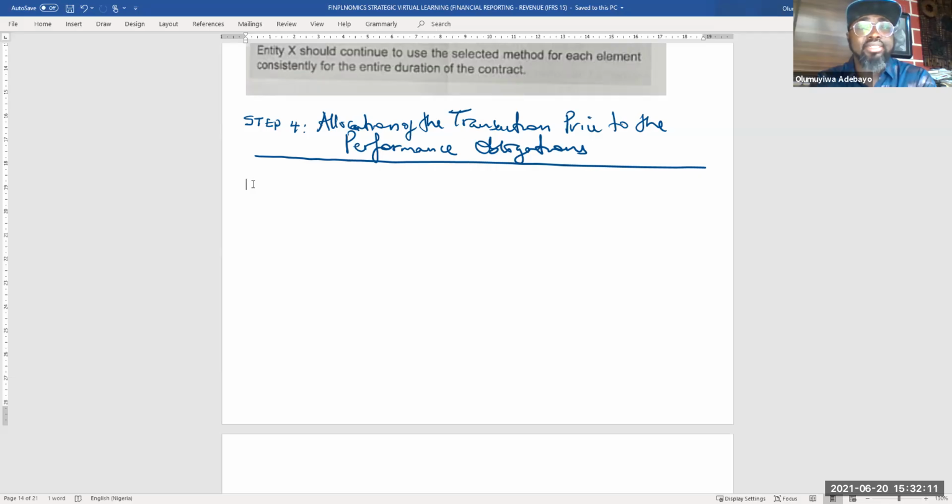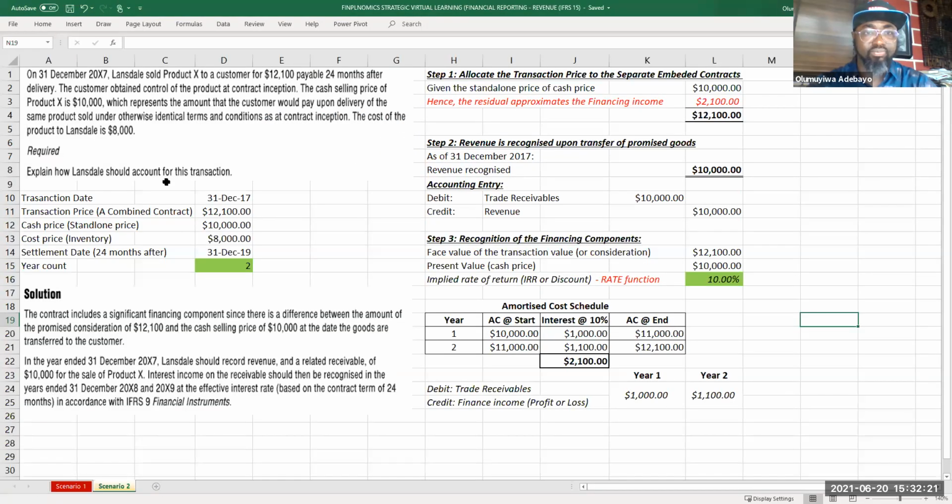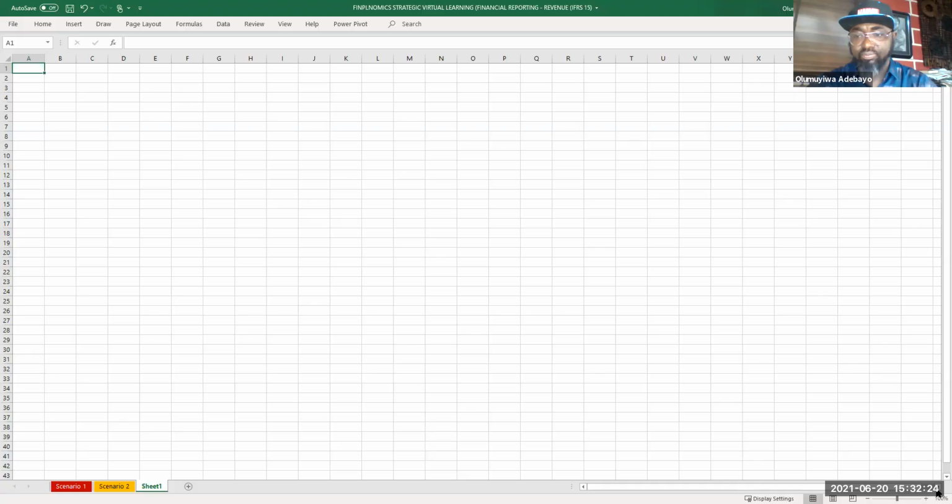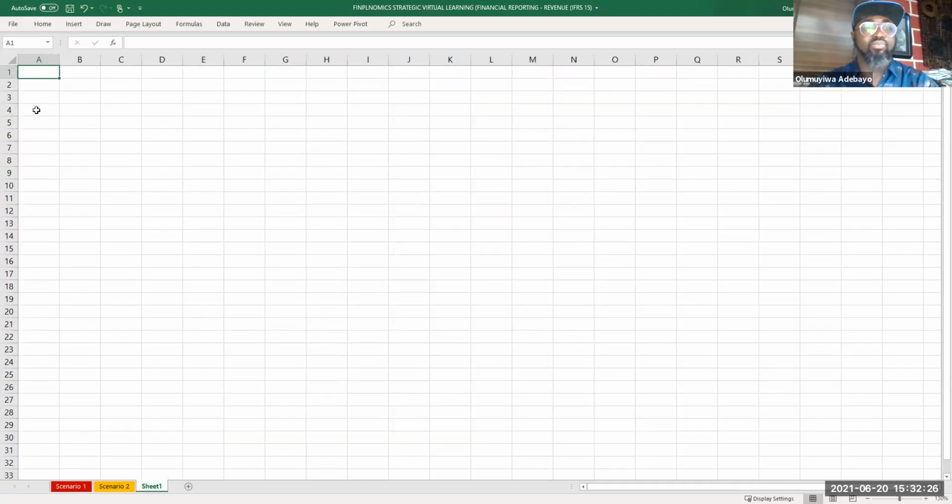Let me use Excel so that I can see it clearly. Standalone prices.